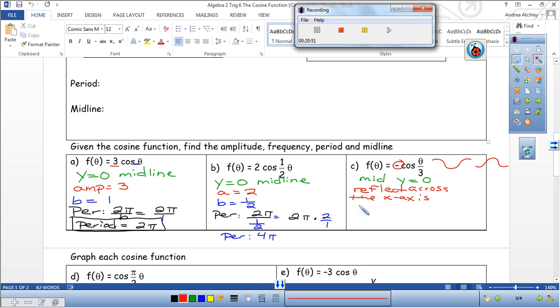Then our amplitude is just 1. You don't use the negative. Don't tell me it's -1 because the amplitude is constant. The frequency, there's a 1 in front of that theta. The frequency is 1/3.